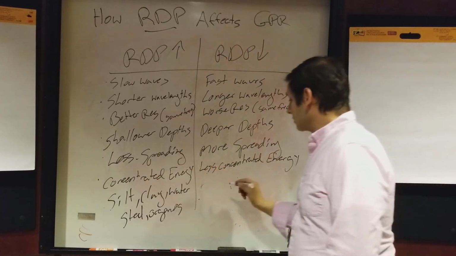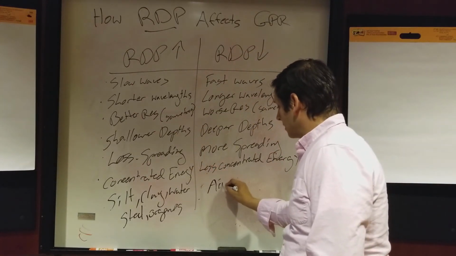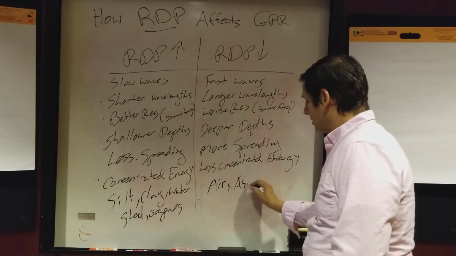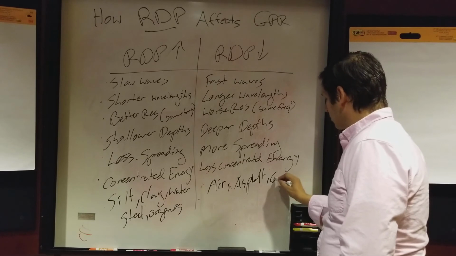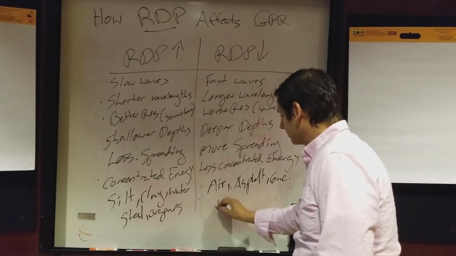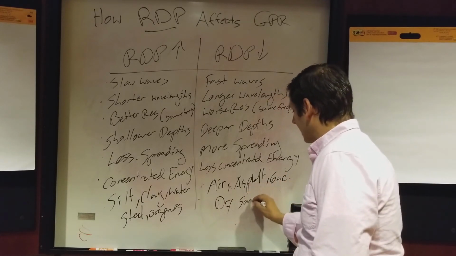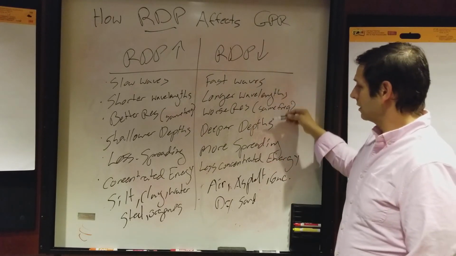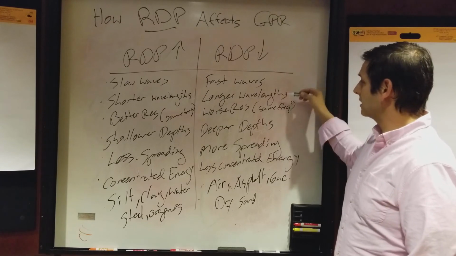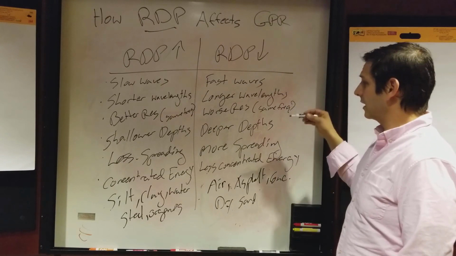Low RDPs, however, such as air, asphalt, concrete, dry sand, etc., have fast-moving waves and can travel to deeper depths because of those fast-moving waves and longer wavelengths.